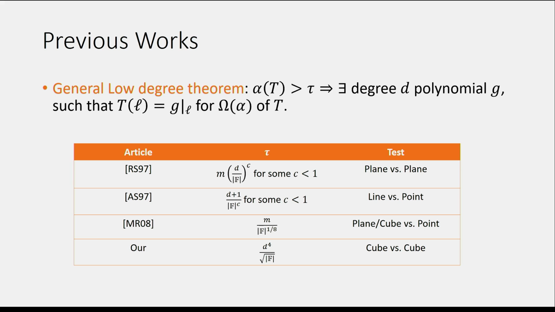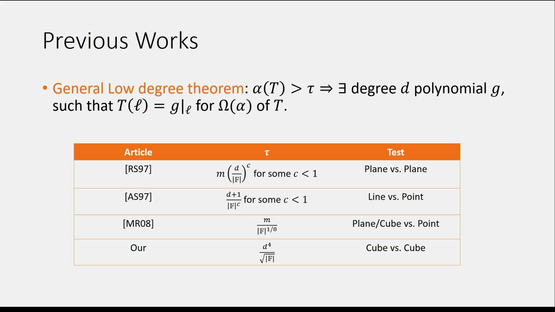And their threshold was 1 over the field size to some power c, which is smaller than 1, that they did not calculate. In the same year, Arora and Sudan had a low degree test. They analyzed a line table. And they also had an unspecified polynomial in 1 over the field size. In 2008, Moshkovitz and Raz had a different object in their paper, but they also had the first explicit power of the field size, which was 1 over 8.